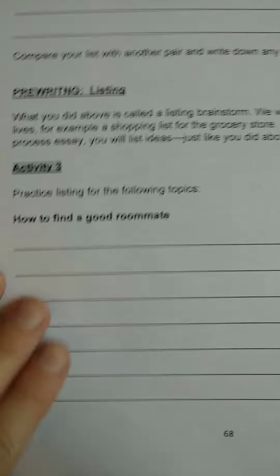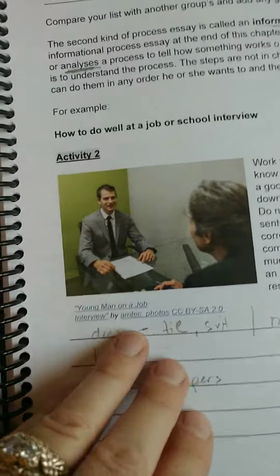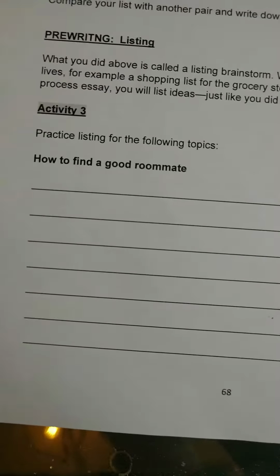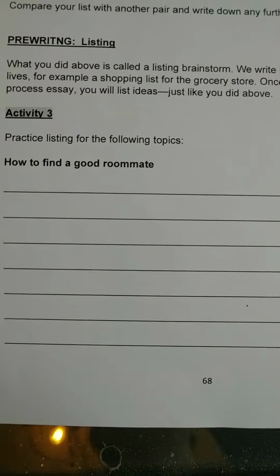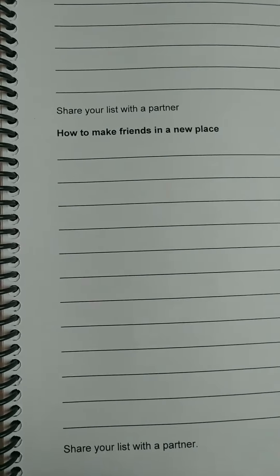All right, so the assignment is activity 2 and activity 3. And you'll just practice this listing idea, okay? And I want you to hand it in, and then I'm going to try and compile all of your ideas for the listing under each topic so that you can kind of see what other students are doing.